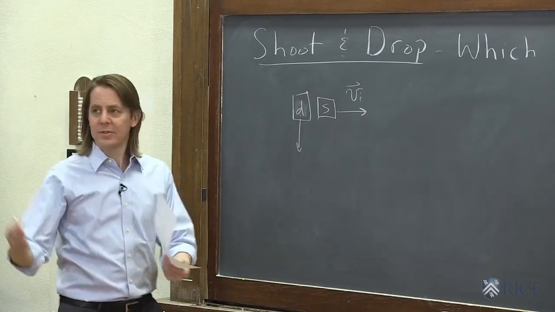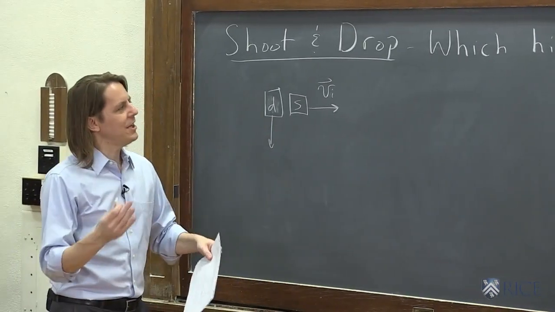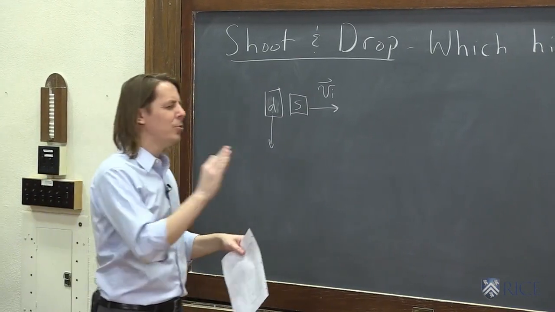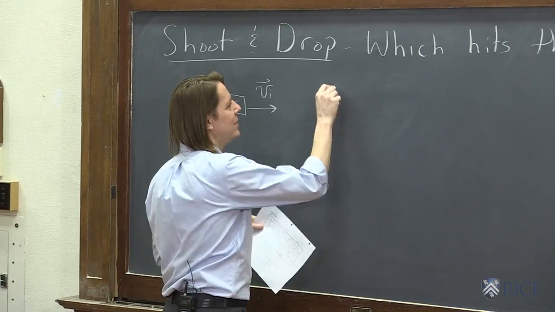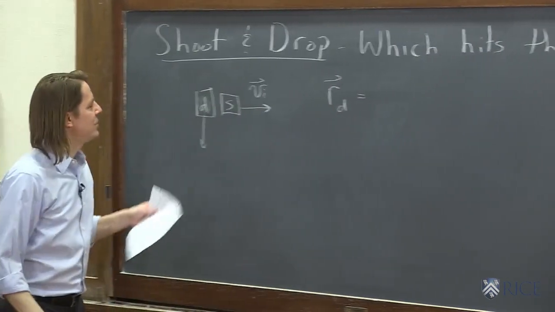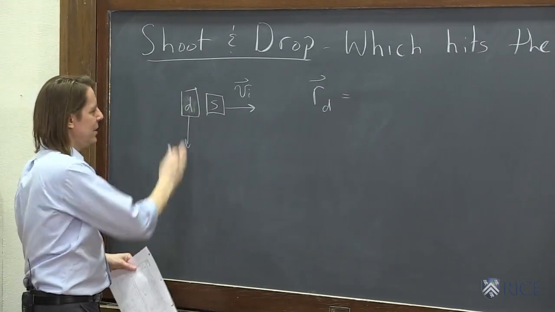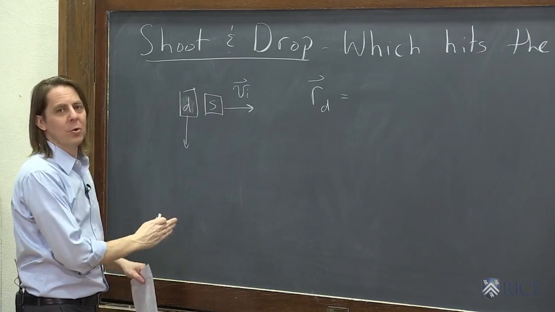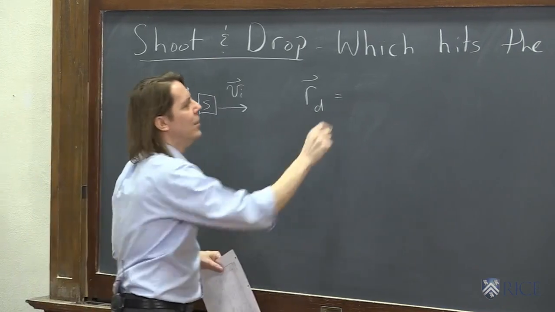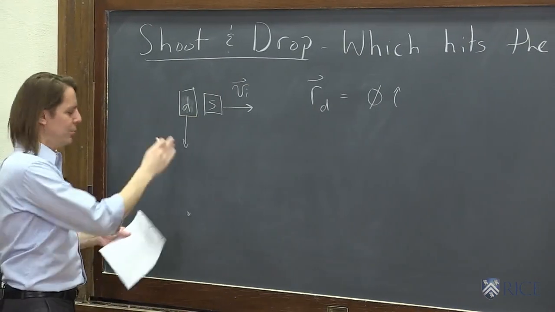All right, so before we get to do it, we have to do the equations. The way I would approach any kinematics problem is write the position vector for each mass. I know you can do it without that, but it's usually good to do that, right? So R drop, the position of the drop, is, in the horizontal, if we pretend it's at the origin, it has no motion in the horizontal. We can imagine they're both at the origin on top of each other. So the position of this one in the horizontal is 0, not going to move.